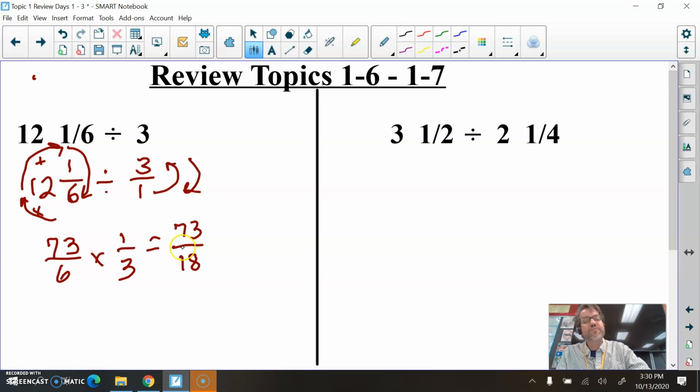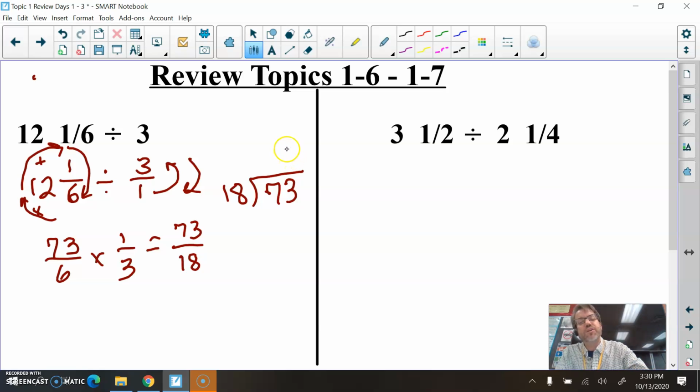To do that, fraction bars always mean divide, so I have to divide 73 by 18. So I've set it up here as a long division problem. 18 will not fit into 7, but it will go into 73. And you might have to do some guessing in a situation like this.